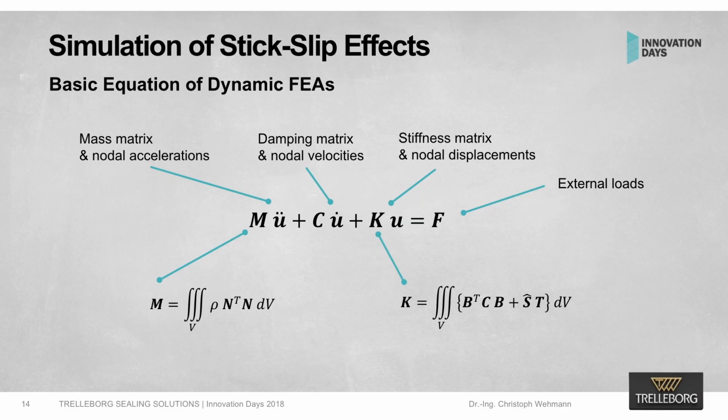Here a little overview showing the basic equation of a dynamic FEA. So there are some changes compared to typical other FEAs we do, which are often quasi-static, so do not account for any dynamic effects.